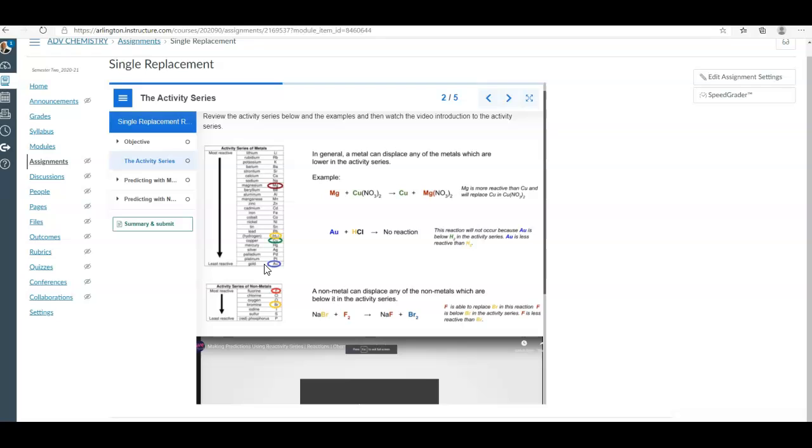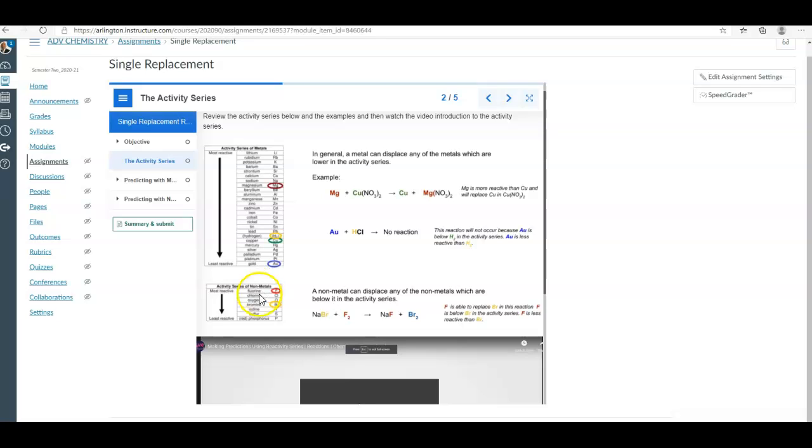So if you have jewelry that is all gold and your little sister has a bottle of acid and threatens you, oh yeah, I'm going to pour it on your gold and mess it up, because you're a chemistry student, you won't feel bothered because you know that nothing's going to happen. No matter how much she pours onto your gold jewelry, it's not going to mess it up. Okay? So that is what the activity series helps you to determine, if a reaction will occur.